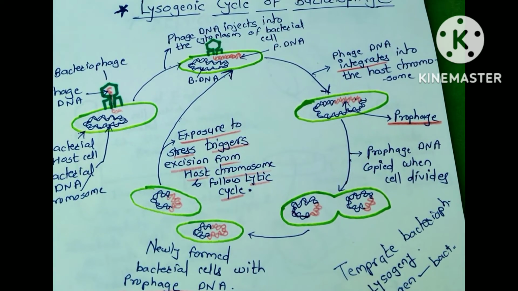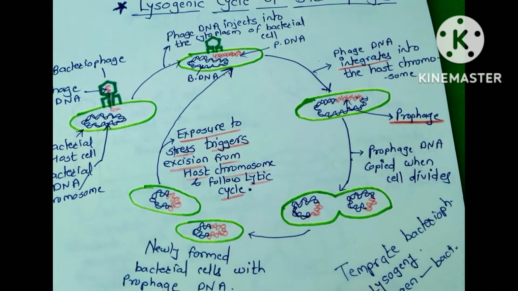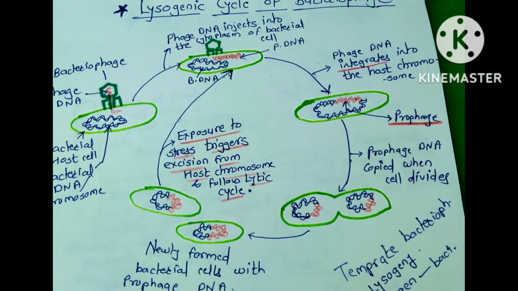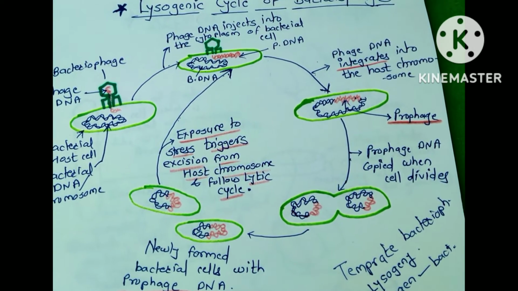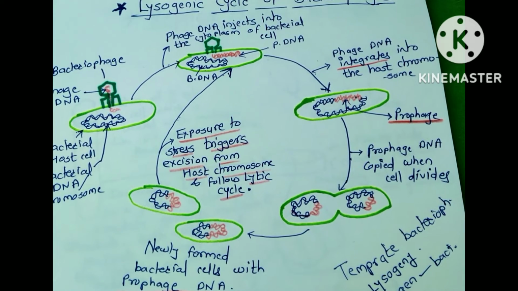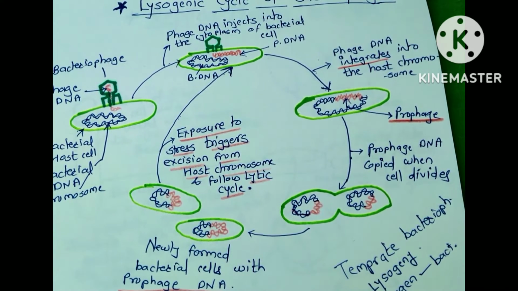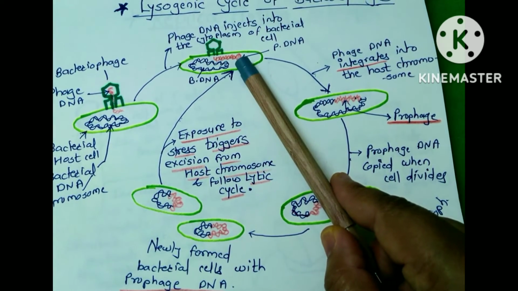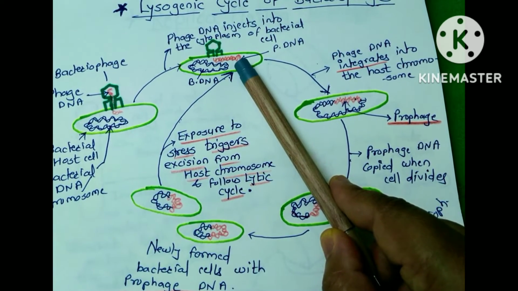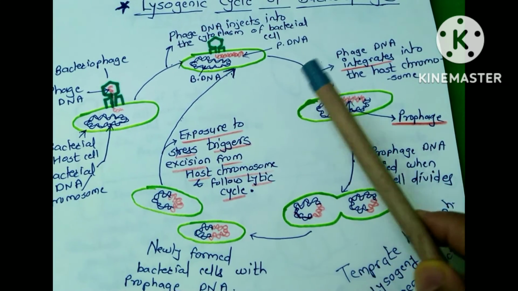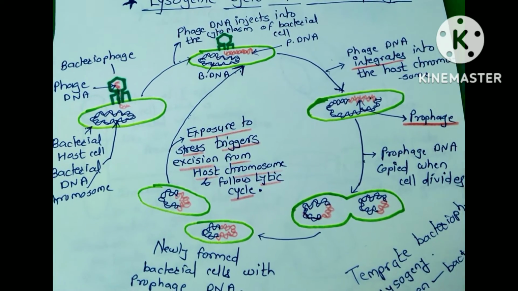And then it can follow the lytic life cycle onward. What happens in the lytic life cycle? As we know, using the host replication machinery, multiple copies of the phage genome are formed, which leads to the bursting or lysis of the bacterial cell.